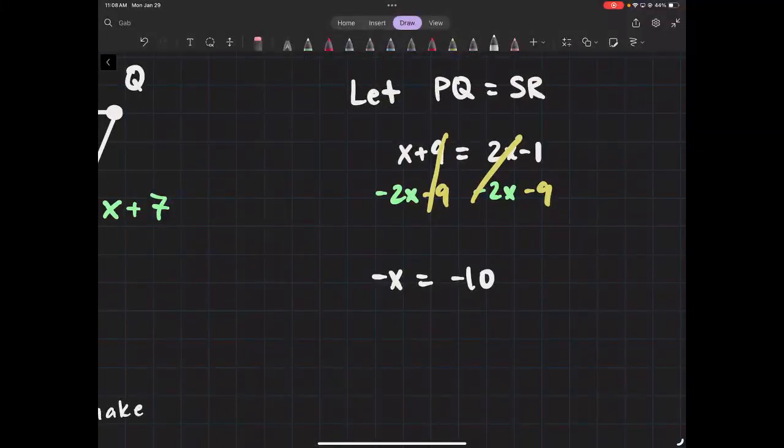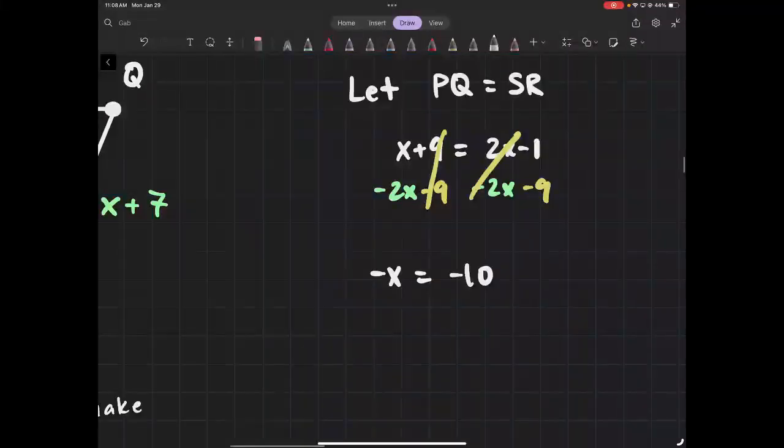Eli, what do you do now? Make sure x is not negative, so you will divide by negative 1.